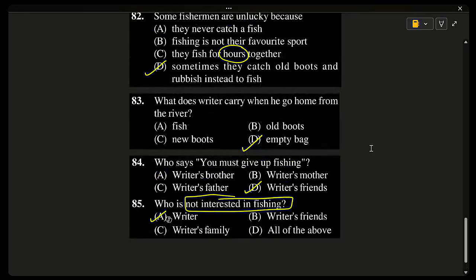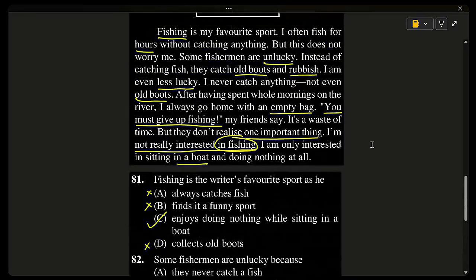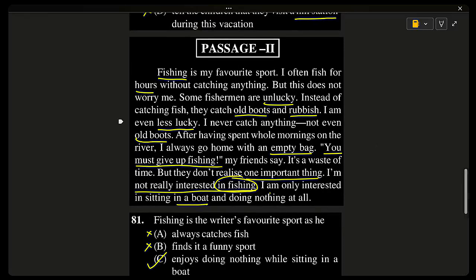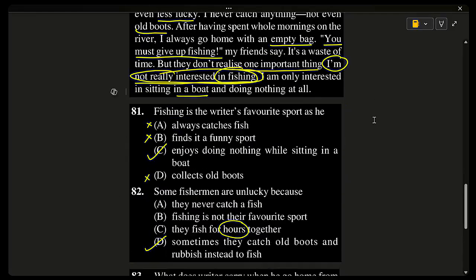Friends suggested to the writer, don't go for fishing, it's a waste of time. But I will show in the passage. See what he said. I am not really interested in fishing. Who said this? The writer or the writer's friends? Sir, the writer said, but the writer's friend only said you must give up fishing, sir.